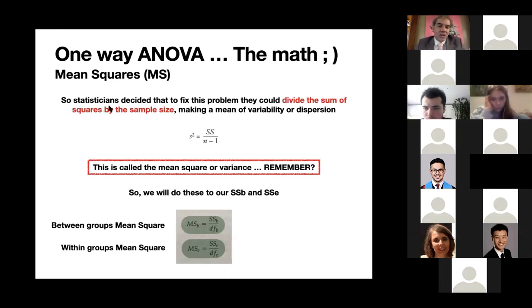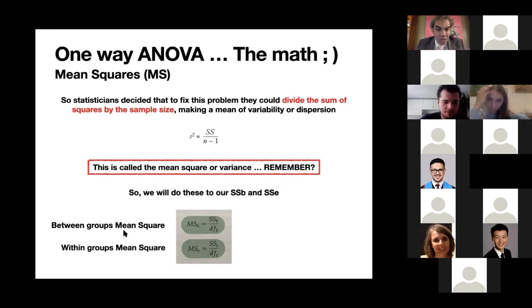So statisticians decided that to fix this problem, they could divide the sum of squares by the sample size, making a mean of variability or dispersion. So this is called the mean square or variance. You remember I talked about it like 10 slides ago. So we'll do this with our between group sum of squares and with our within group sum of squares.